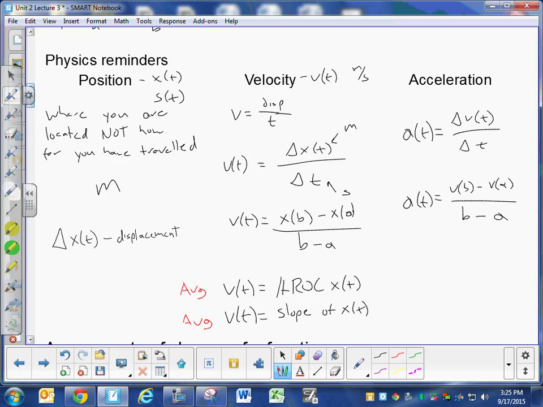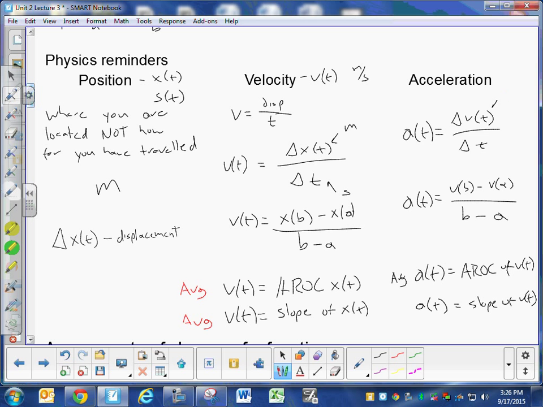So really, acceleration is just the average rate of change of velocity, or acceleration is the slope of velocity. Average acceleration, average rate of change.